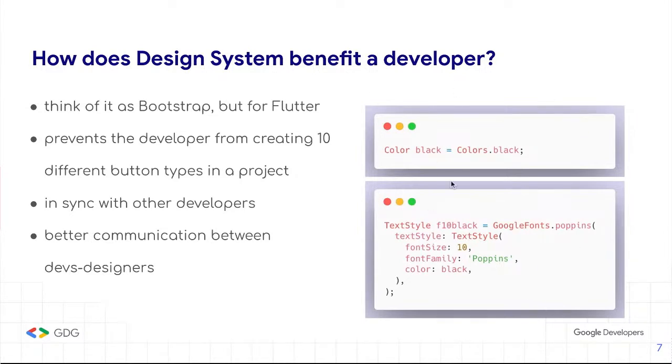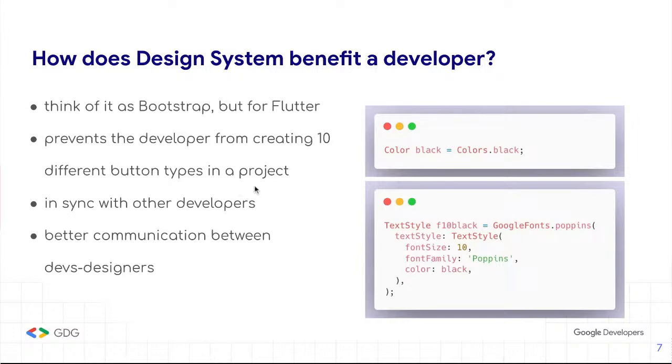It can consist of colors, text styles, image strings, input decoration, box decoration, anything which is going to be used in multiple places in the project can be placed inside that file. So it prevents the developer from creating 10 different button types in a project.